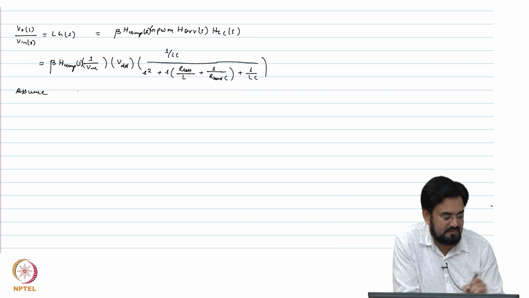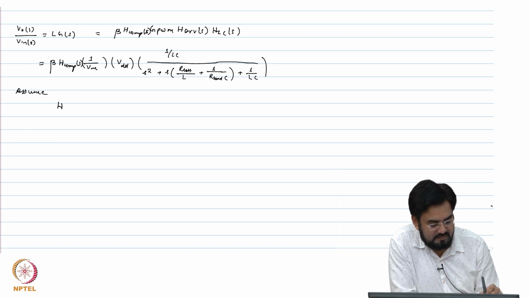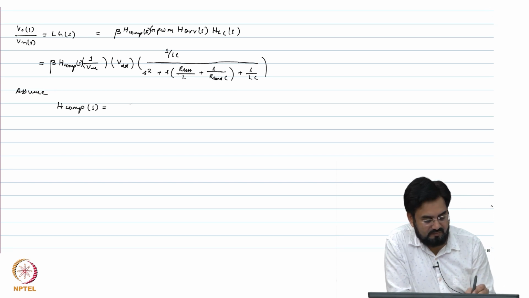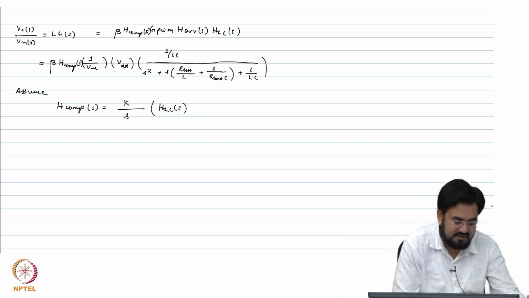So if I assume H comp S equal to, let us say, some gain K over S multiplied by HLC S, what would happen?